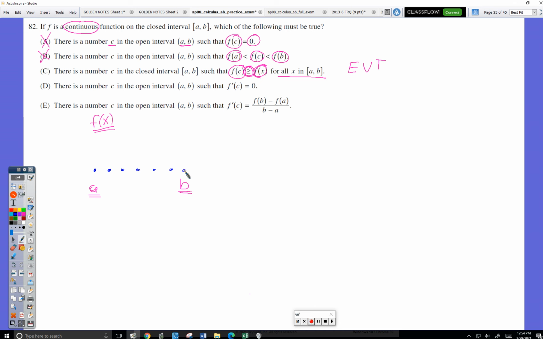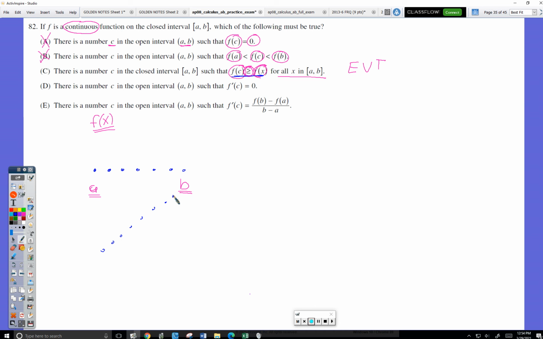Yeah, so that's true then. If you have a graph that goes like this, is one of the dots greater than or equal to all the others? Yeah. So the trick with the extreme value theorem is it's greater than, but it also could be equal to the other one, not just greater than. Correct. If it were just greater than, it wouldn't be the extreme value theorem.